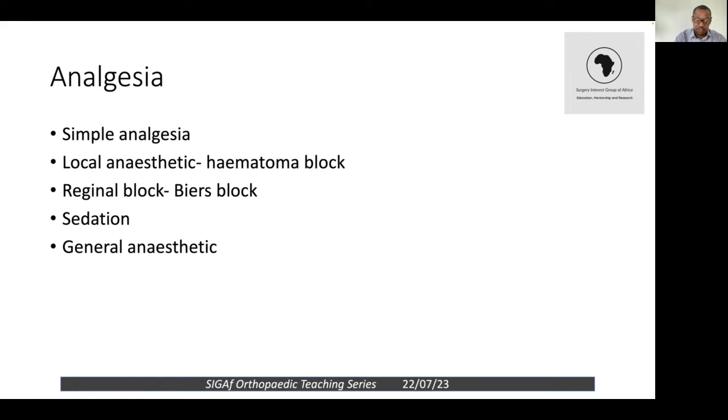In some centers, they advocate use of a hematoma block. So basically, what you're trying to do is usually you use lignocaine. Some use a combination of lignocaine and marcaine or bupivacaine, which is a bit longer acting. And you want to go where the fracture is, with about 10 mils usually. Just palpate. Obviously, you want to do it as an aseptic procedure.